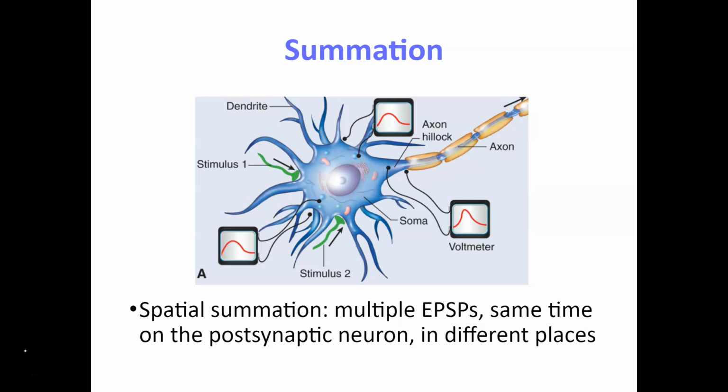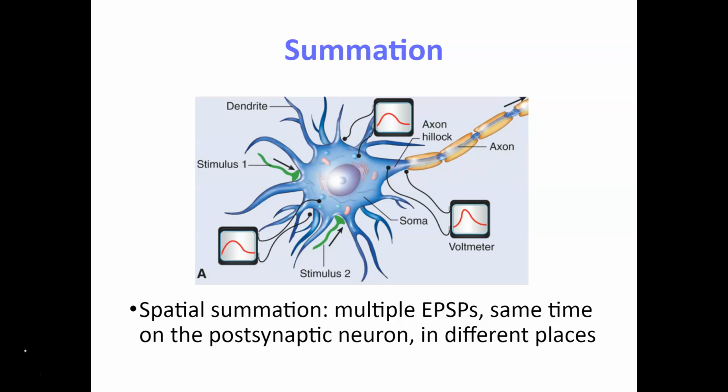And so what you can see in this picture is that the stimulus that's being measured in this area has this magnitude, and then the other stimulus that's being measured over here has a magnitude that's shown on the little voltmeter screen. And when they reach the axon hillock, you can see that the peak, the strength of that stimulus, they've added together, they've summated, and now they have a taller peak.